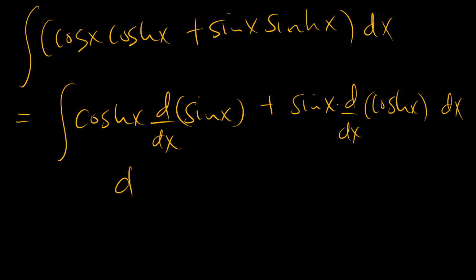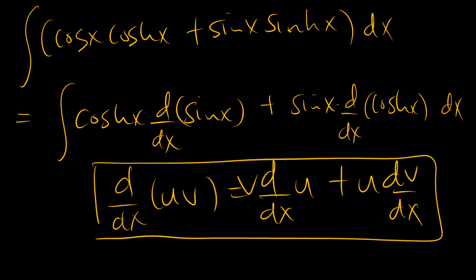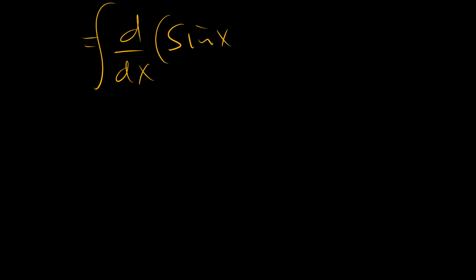Since we know that the derivative of uv equals v du plus u dv dx, using the product rule, this integral is the same as the integral of the derivative of the product of sine x and cos x.